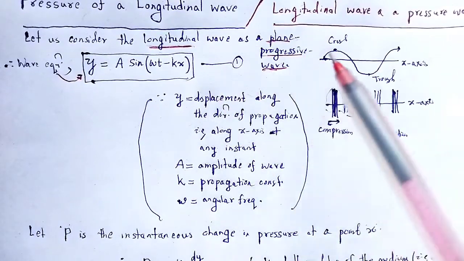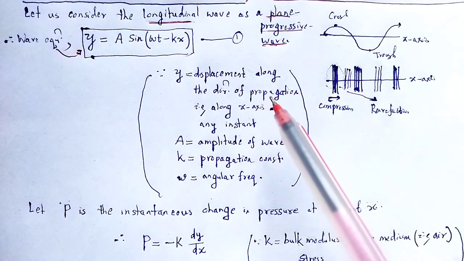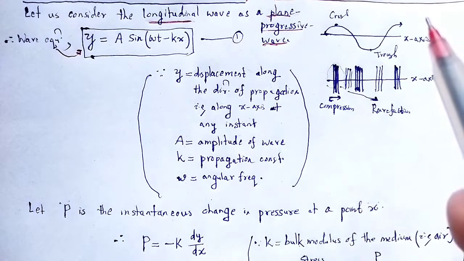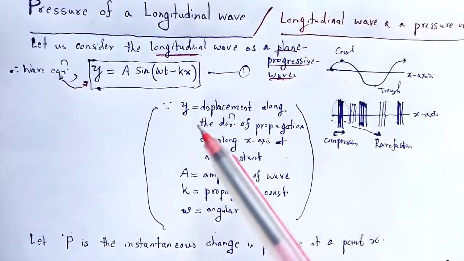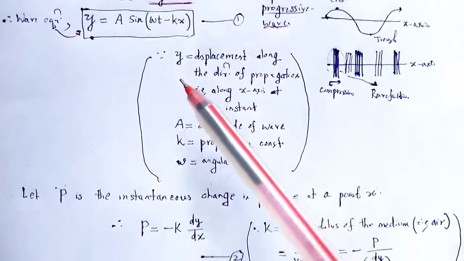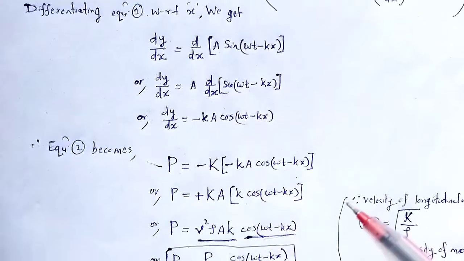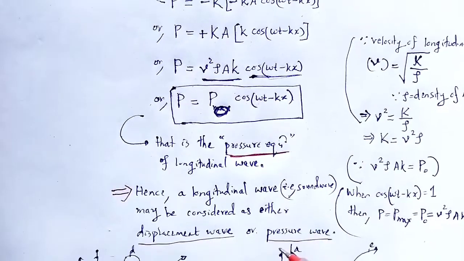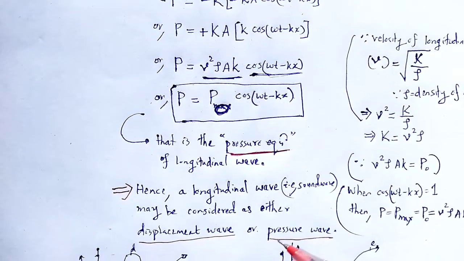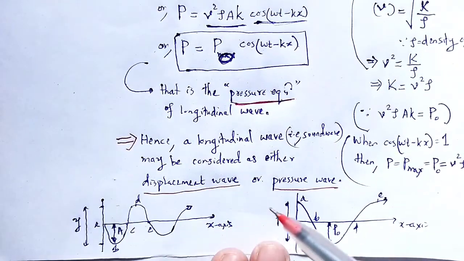What is the importance of calculating pressure in case of a longitudinal wave? Therefore we calculate the pressure, and that pressure equation is known as displacement wave or pressure wave.